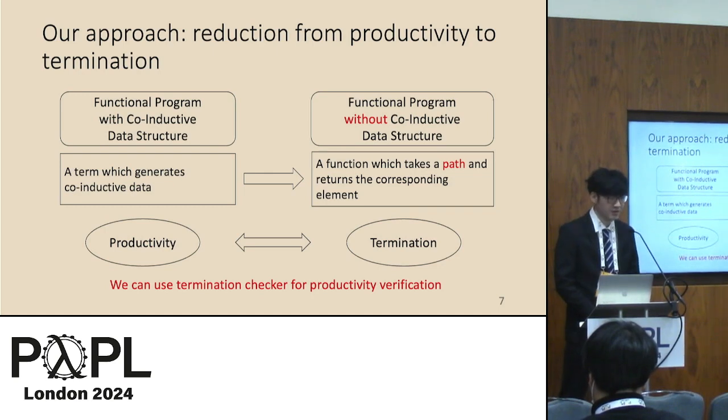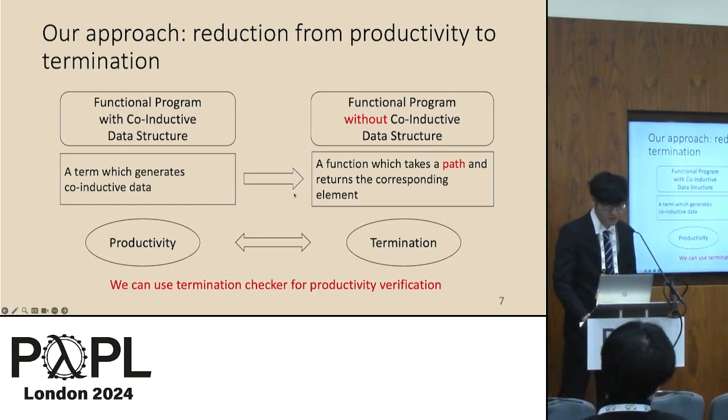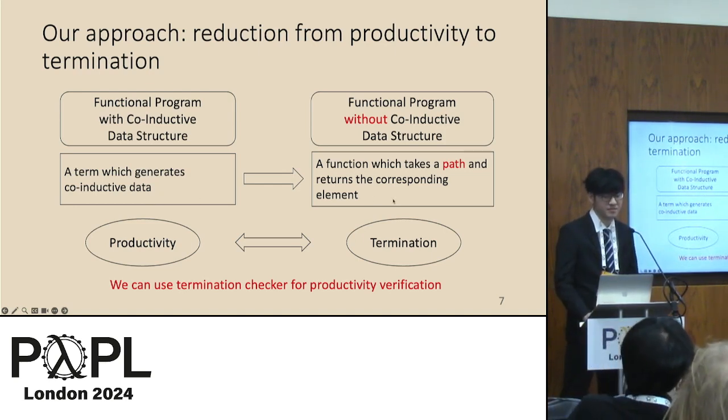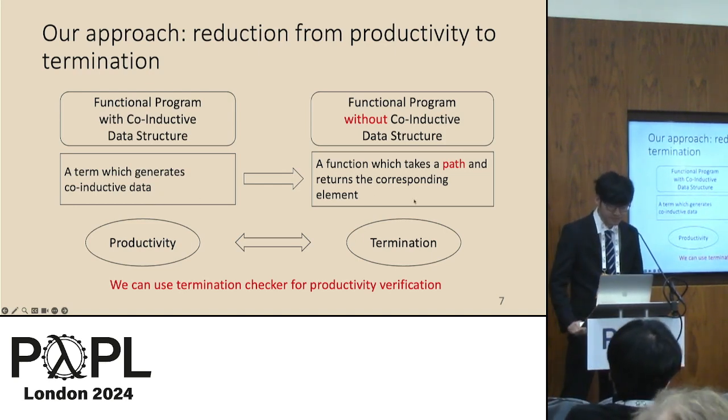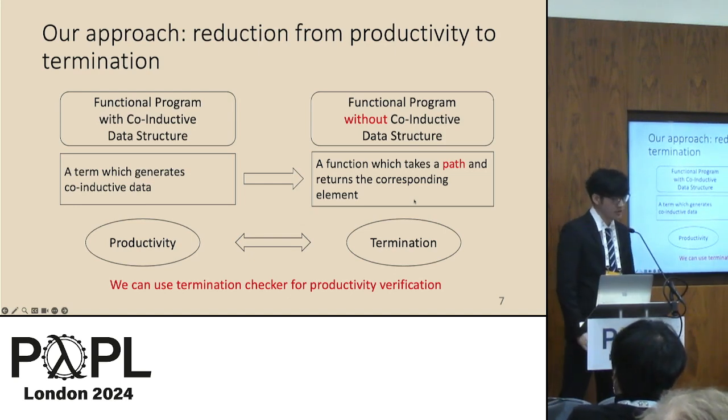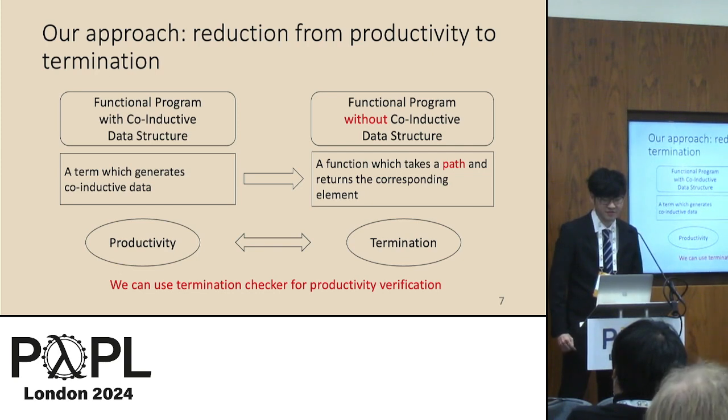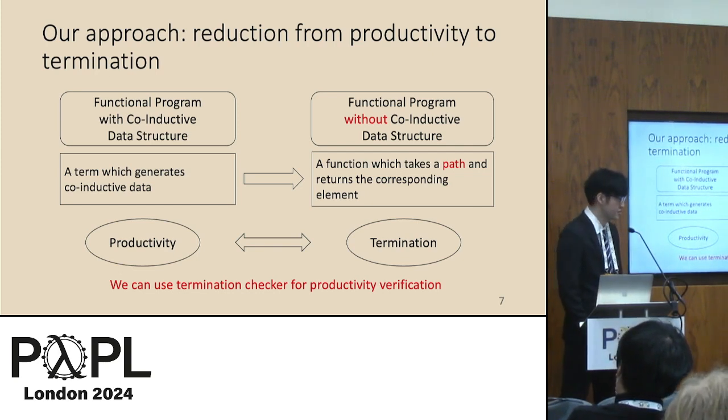So the target program no longer has co-inductive data structures, and a co-inductive data structure in the source program is productive just if the translated program is terminating. So we can use an off-the-shelf termination checker and non-termination checker for productivity verification.